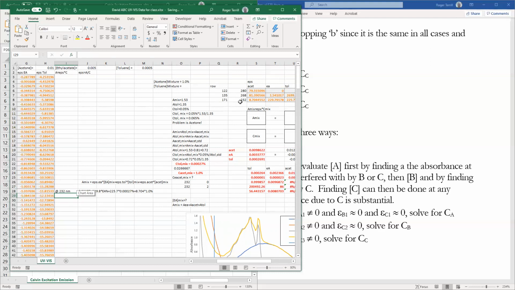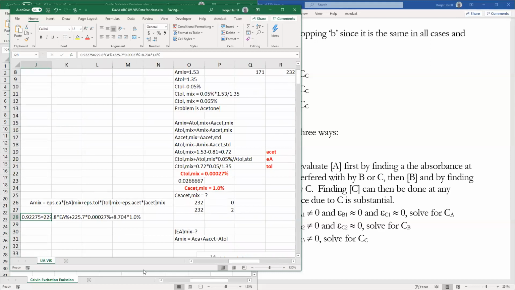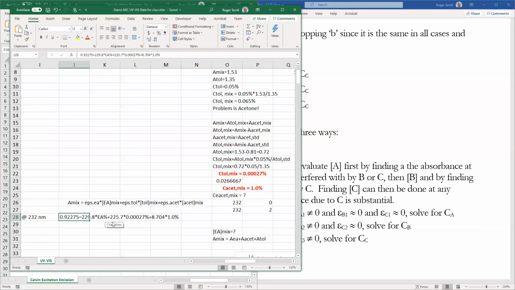So if you go to 232, then you've got the 3 extinction coefficients up here, right? And you've got 2 of the 3 concentrations. So you just need that last concentration value there. I will just send this back to you, and you can just solve this for EA.